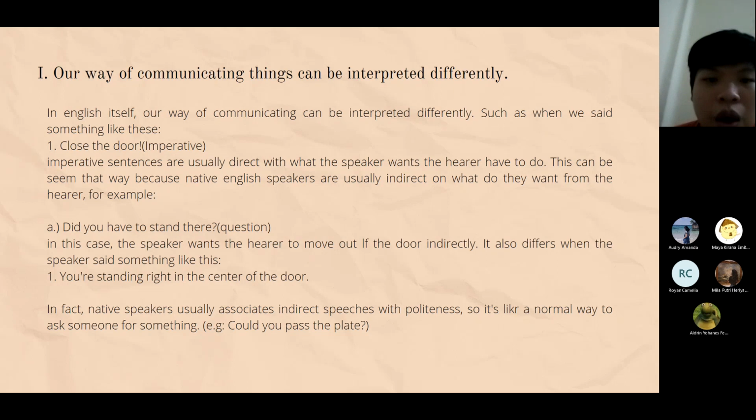It also differs when the speaker says something like, "You're standing right in the center of the door," meaning that the speaker wants the hearer to move out at that instant. In fact, native speakers usually associate indirect speech with politeness. So it's a normal way to ask someone for something, for example, "Could you pass the plate?" or "Could you pass the glass?"